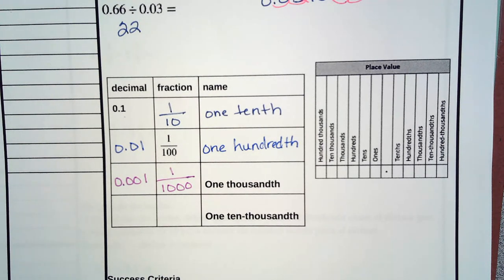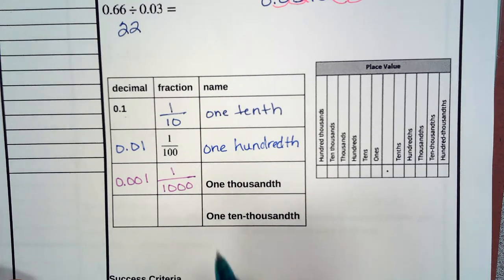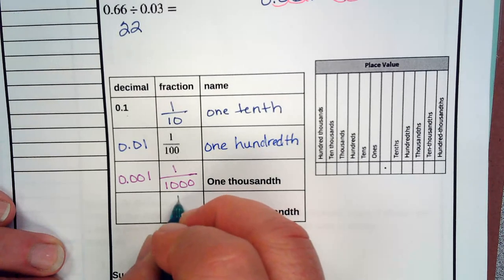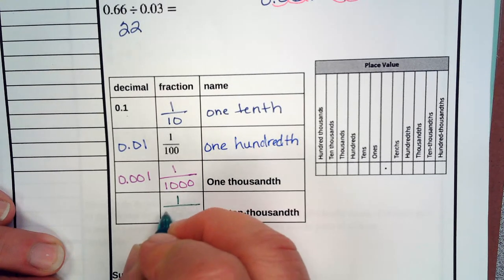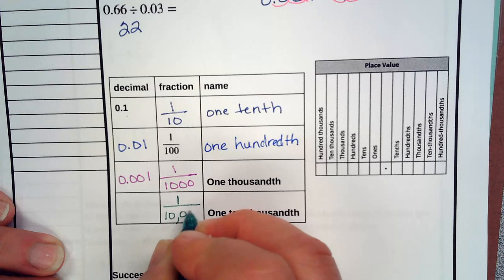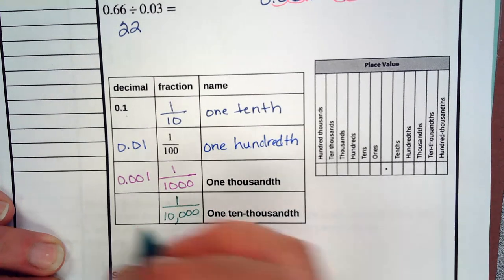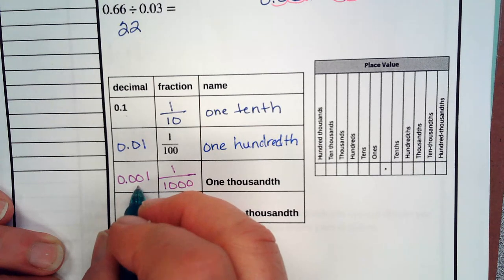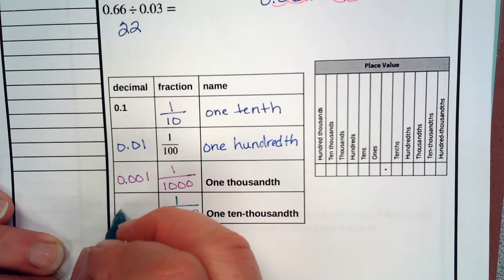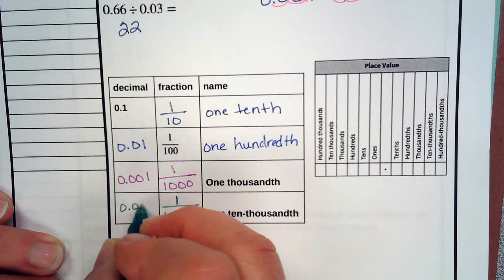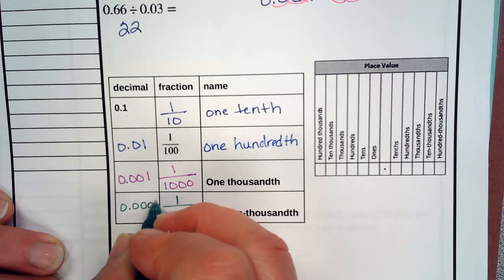Okay, for the last one, we're going to move it over again. 1 over 10,000 might be easiest to write the fraction first. Here's 10,000. And I've got 2 zeros here. That means I've got to add a third one here. 0.0001.